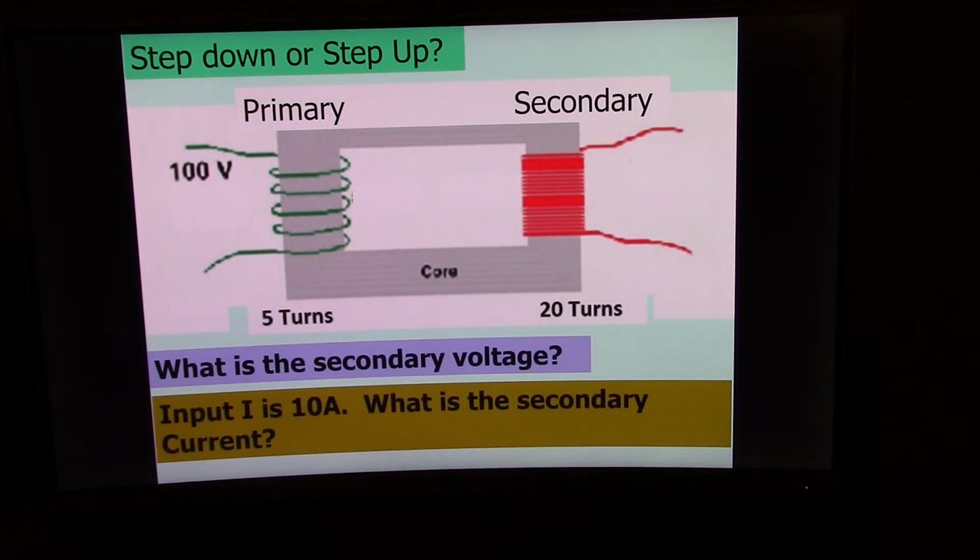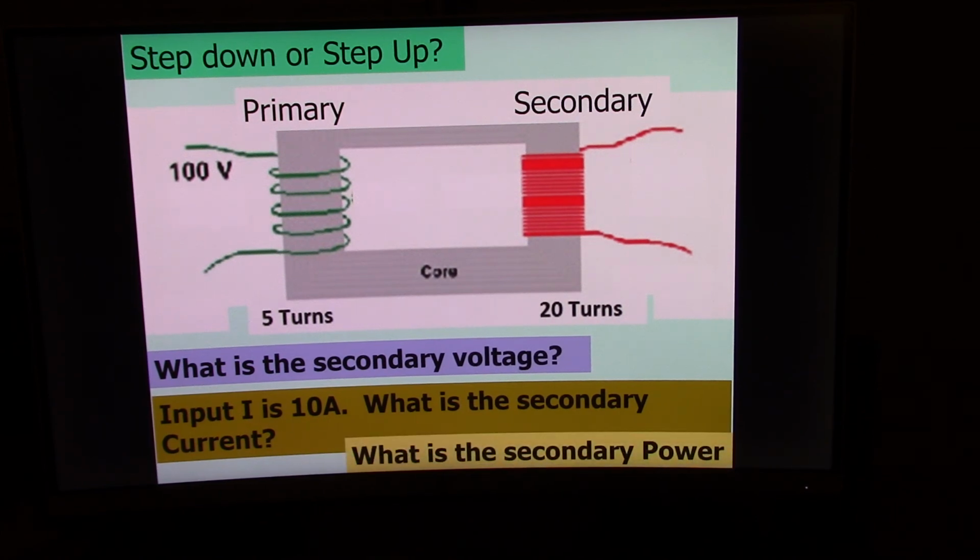And obviously, the current is not going to be stepped up also, because if that were the case, then you would have an increase of power. You can't have an increase of power, right? So the output current is not going to be 10 amps. The input and output power will be essentially the same.